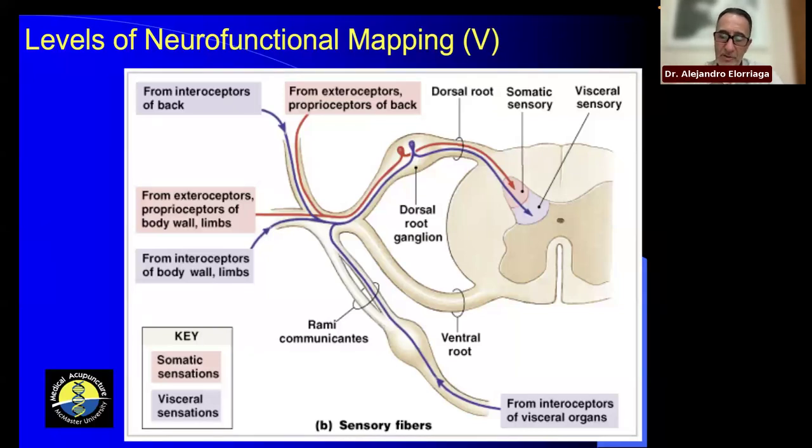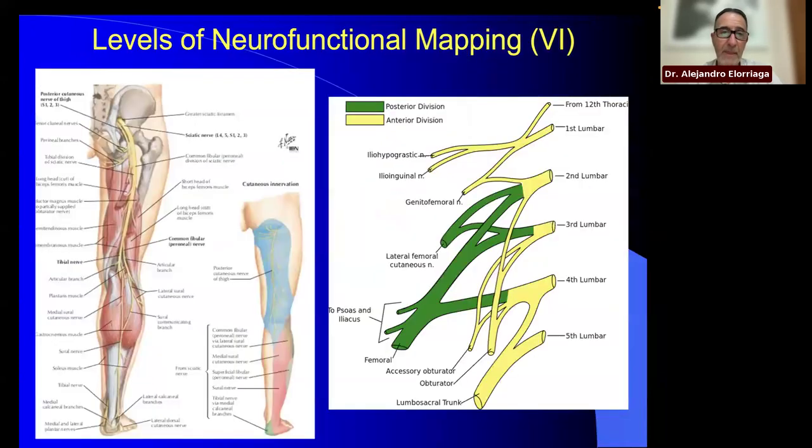So segmental diagnosis is a very important part of the neuromapping.